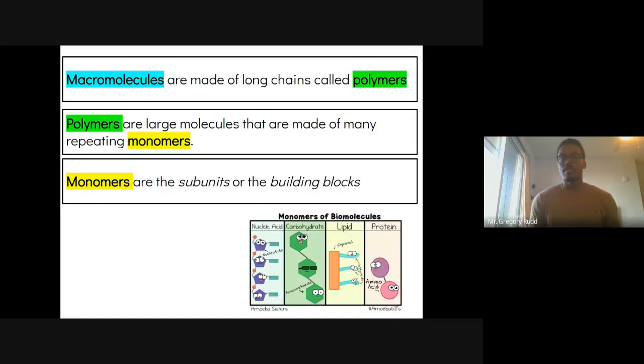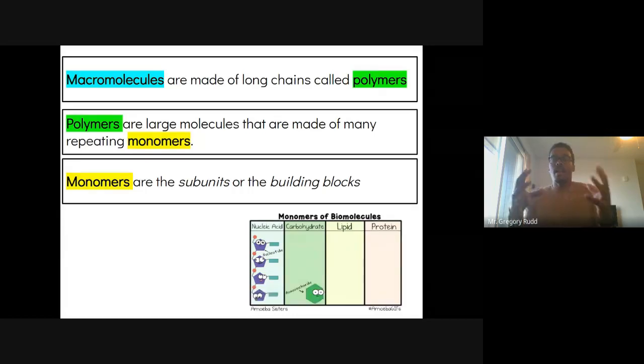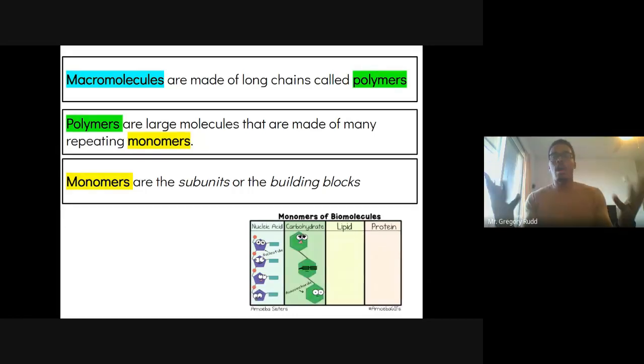Each of those 4 is a macromolecule. And a macromolecule is made up of long chains that we call polymers. The prefix poly, P-O-L-Y, means many. M-A-N-Y, many.